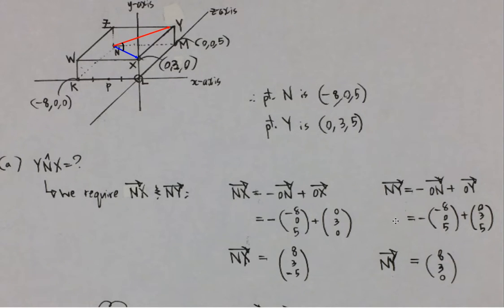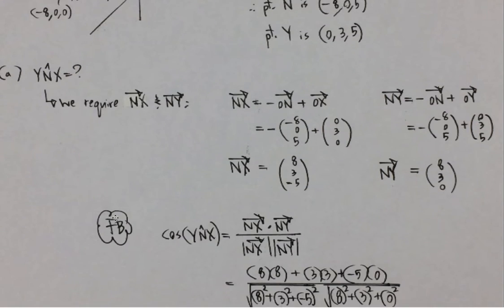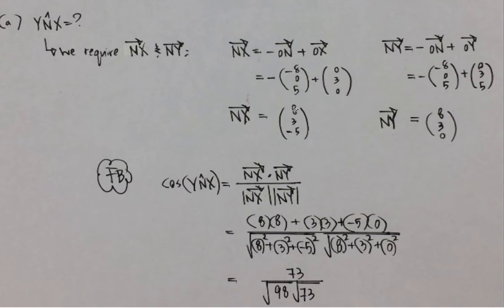Now that we have that, we can use the formula booklet and substitute in for v and w. We're going to sub in the NX vector and NY vector respectively, using the Cartesian component method of the scalar product. So that's 8 times 8, multiplying the x components, add the product of the y components, add the product of the z components, dividing by the magnitude of each of those corresponding vectors.